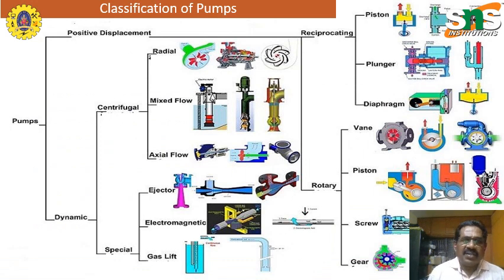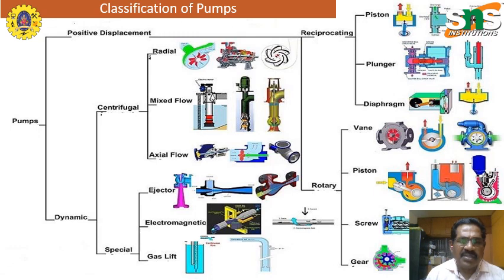Now, pumps are classified in many categories. One is the positive displacement pump, in which you have the reciprocating pump, which has a piston, a plunger, and a diaphragm, or you have the rotary pump, which has vanes, a piston, a screw or a gear. Instead of positive displacement, we also have the dynamic pumps.